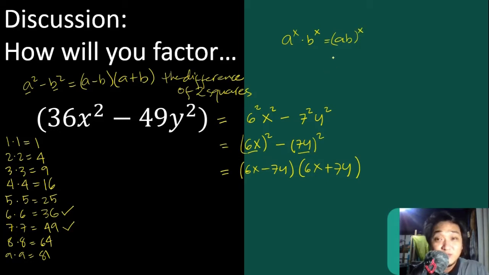Yun yung property na natutunan natin nung tayo ay grade 7 pa. So, applying that property, of course, meron ka ng pinaka a term and b term according to our rule. So, therefore, the factor is 6x minus 7y times the quantity 6x plus 7y.